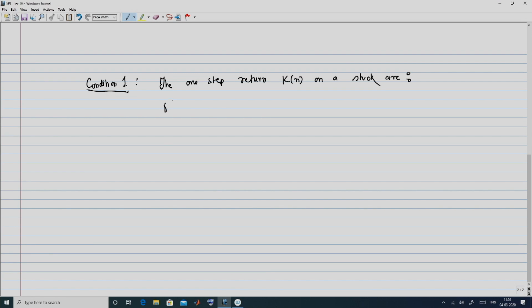These are IID random variables. So, this return K_n, these are all random variables such that K_n is equal to u with probability p and d with probability 1 minus p.